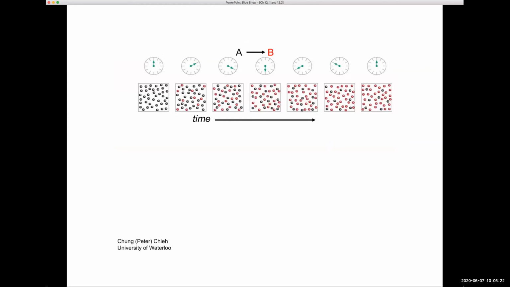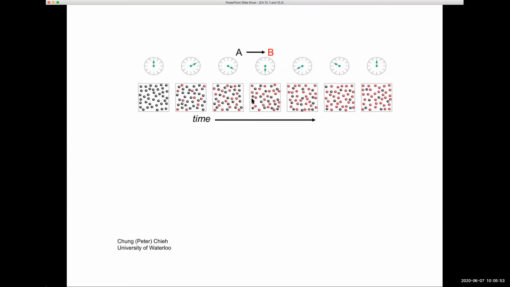So here's another picture of a reaction, looking at maybe individual molecules. So this is a generic reaction going from A to B. There's a clock at the top that has the time component, and underneath the time component are pictures of the molecules. So we're going to start with all A molecules, and then after a certain time, maybe 10 seconds, some of those A molecules have turned into B molecules.